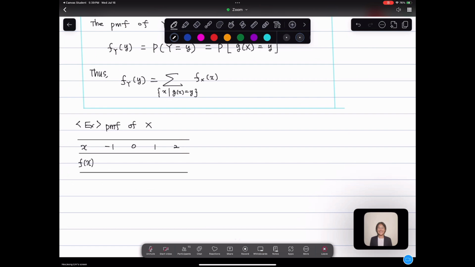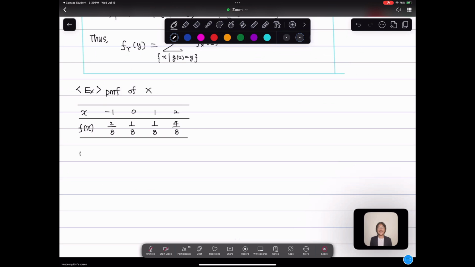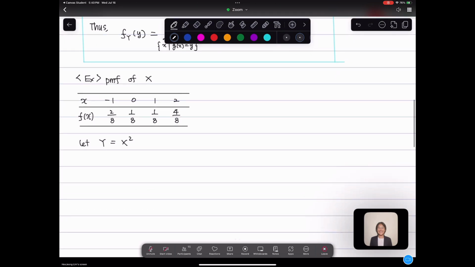For x equals -1, the probability is 2/8. 0 is 1/8. Then 1/8 again, and 2 is 4/8. So 2 is a lot more likely than the other 3 numbers. I want my random variable, let y be x squared, a function of x. So I'd like to determine the PMF of y.